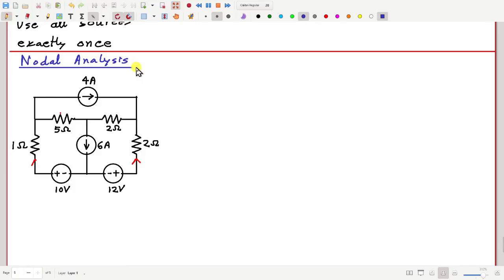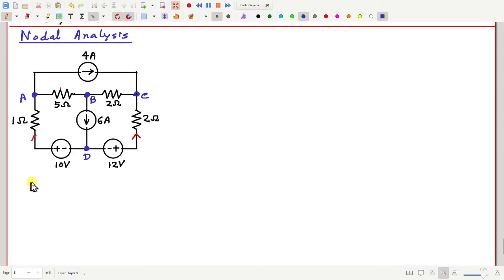Okay, so notice that this circuit has 1, 2, 3, 4 junctions. Let me call them A, B, C, and D. So it has 4 junctions, so we will assume unknown junction potentials or node potentials, unknown node voltages.